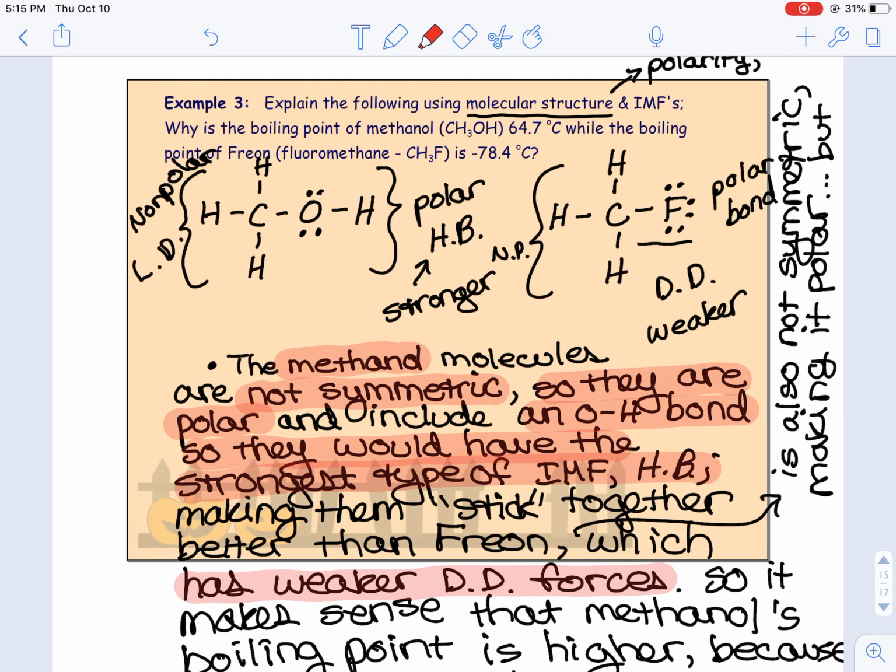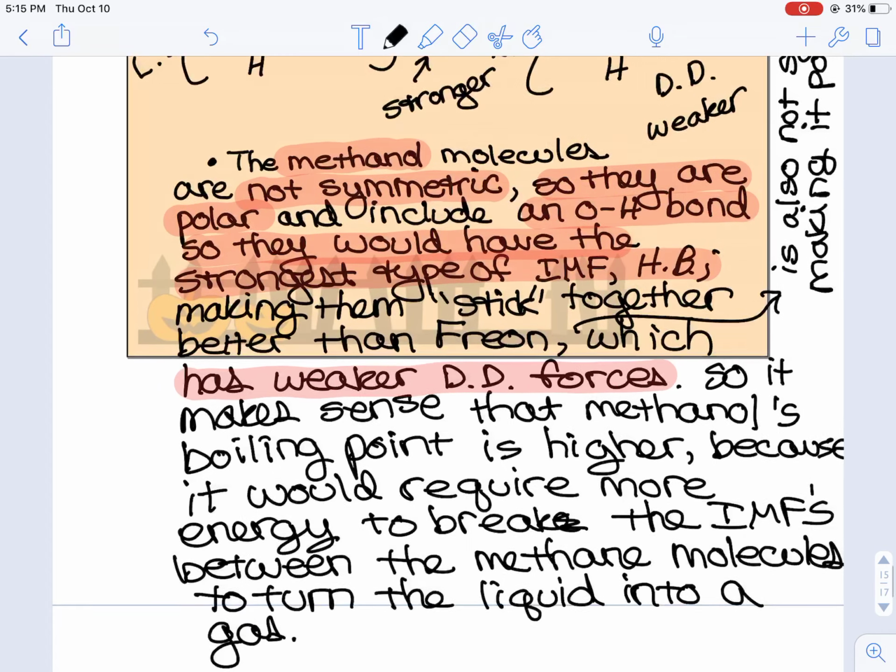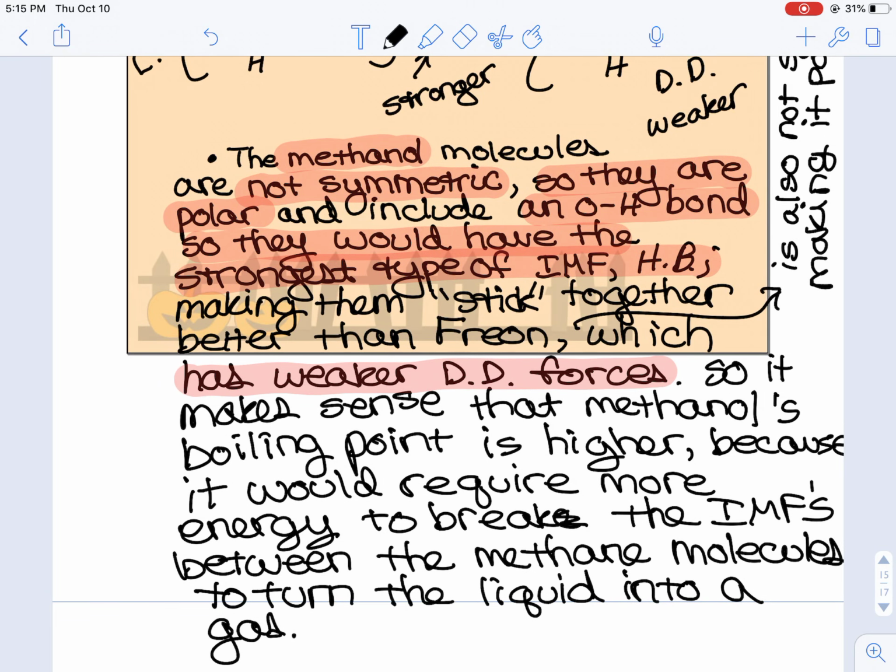So it makes sense that the methanol molecules would stay together more, stronger, and require more energy to break them apart to turn them from a liquid into a gas.